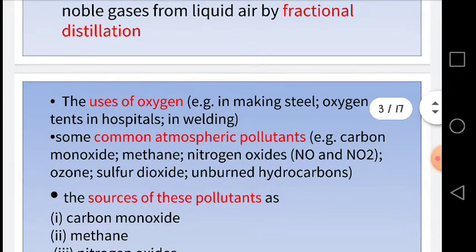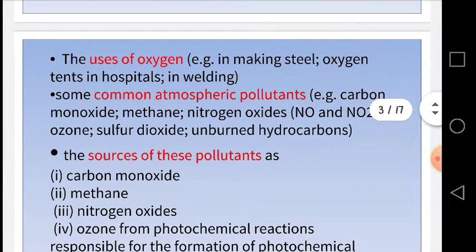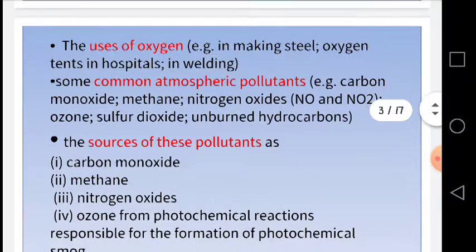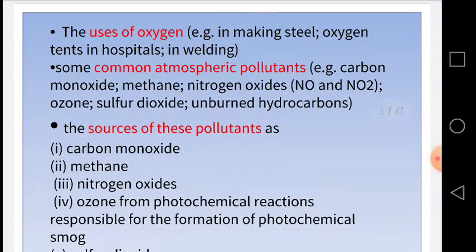Then we will be focusing on the uses of oxygen in different industries and hospitals, and we will be able to, inshallah, focus on the common atmospheric pollutants such as carbon monoxide, methane, nitrogen oxides, nitric oxide and nitrogen dioxide, ozone, sulfur dioxide and unburned hydrocarbons.